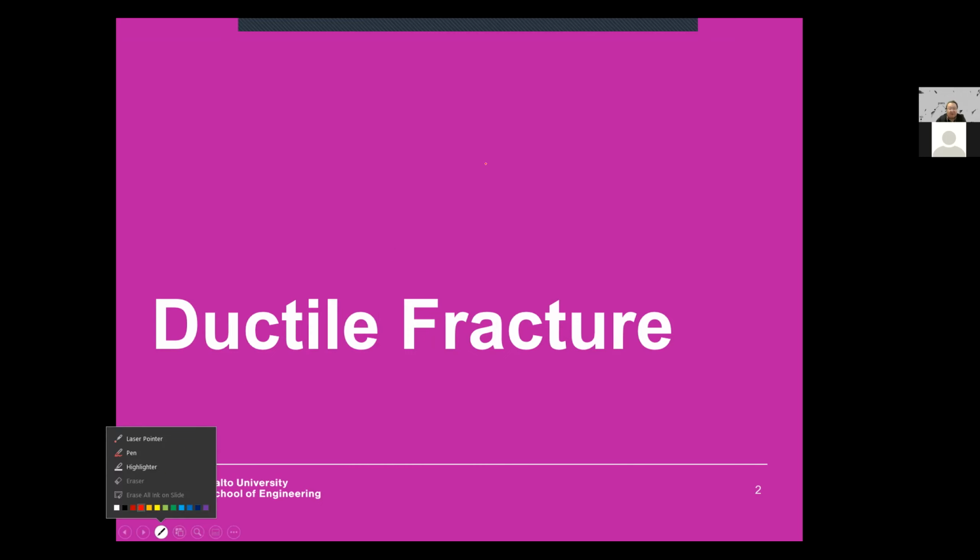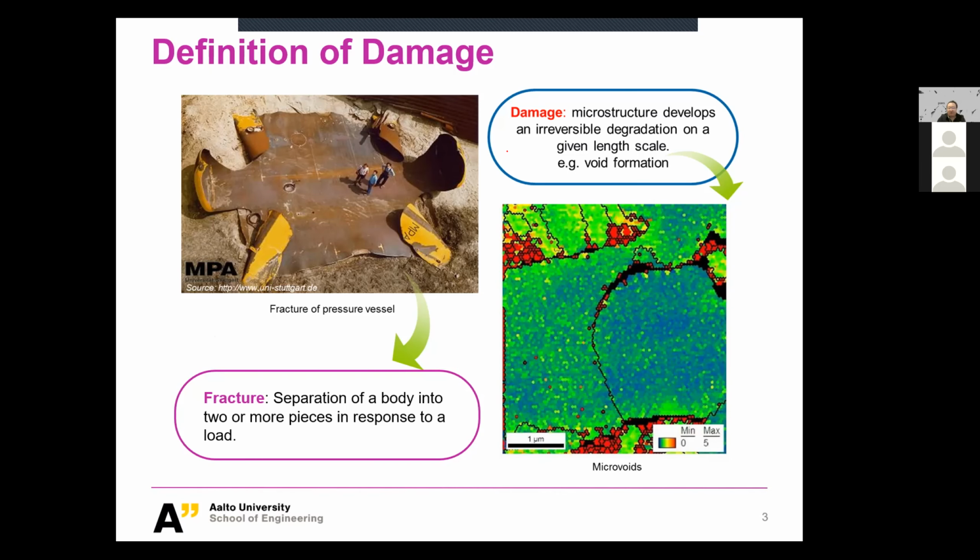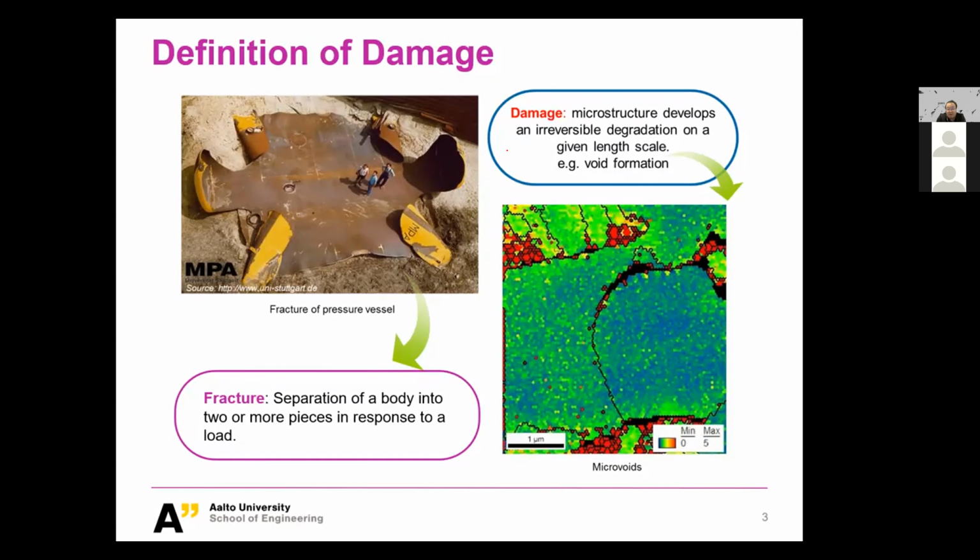We're going to just get started here. So yesterday we already spoke about brittle fracture. First failure, and then we zoomed into fracture. We spent quite some time on brittle fracture in great detail, because brittle fracture was the most detrimental type of failure in mankind.